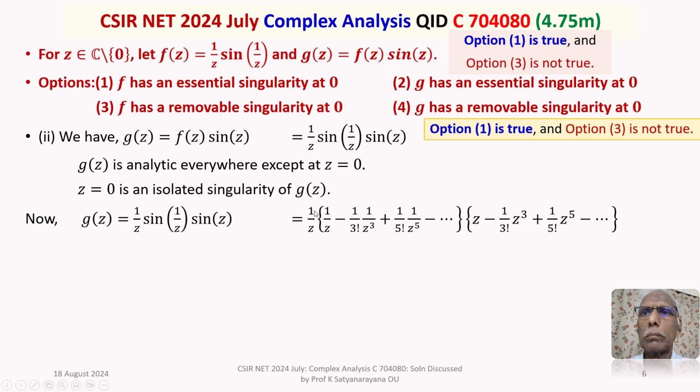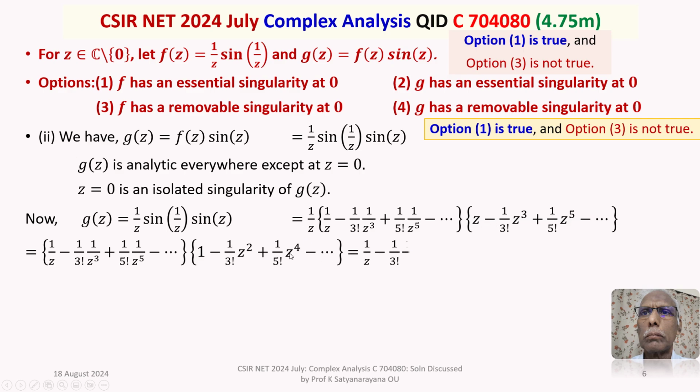Now multiply this 1 by z with this sine z expansion, then you will get, this is the negative powers multiplied by 1 by z into z, 1 minus z square by 3 factorial plus z to the power of 4 by 5 factorial minus so on and so forth. Now you simply multiply all this with 1. Let's see what you get. So you are multiplying all this bracket with 1.